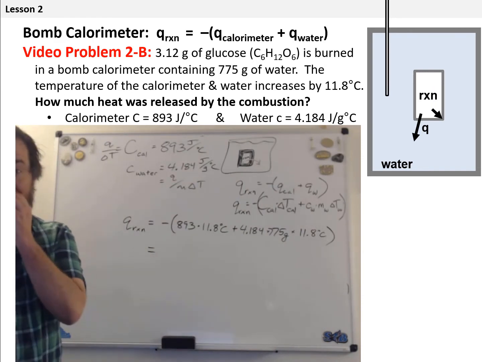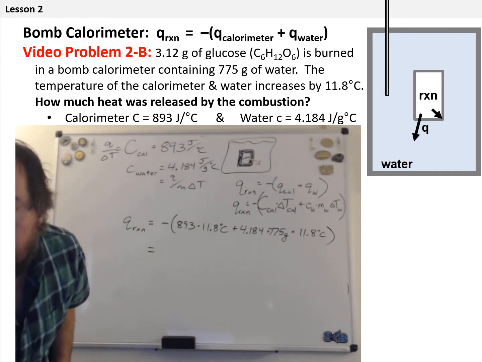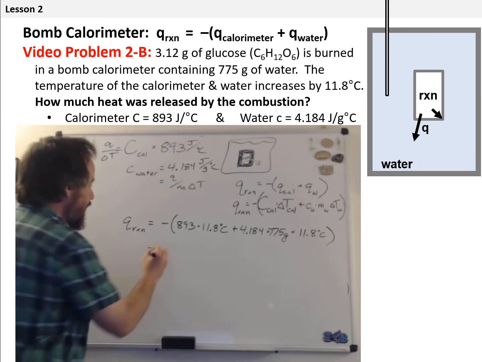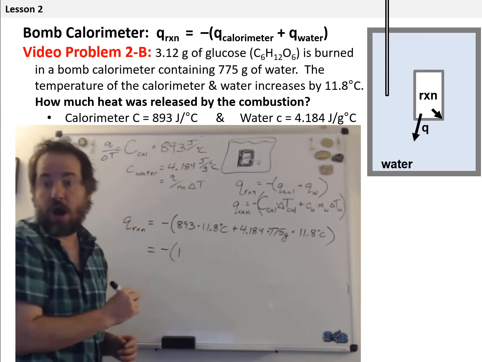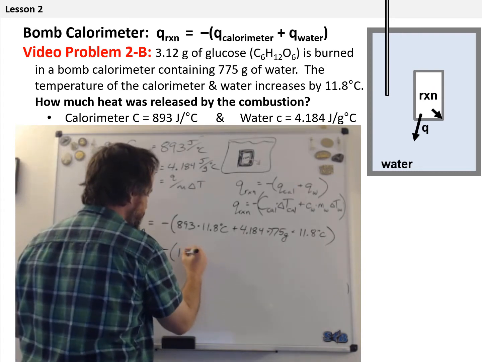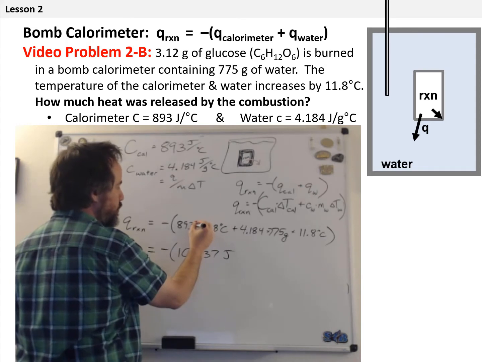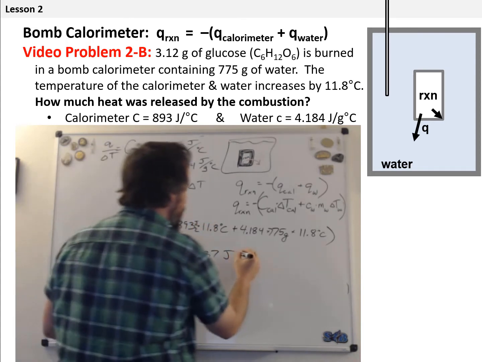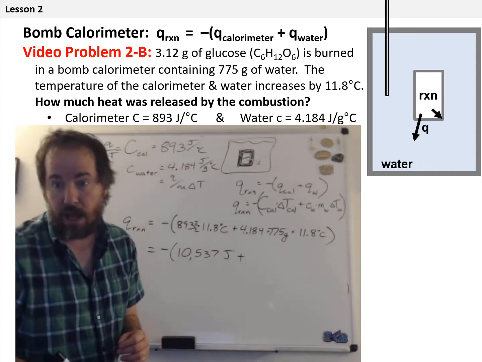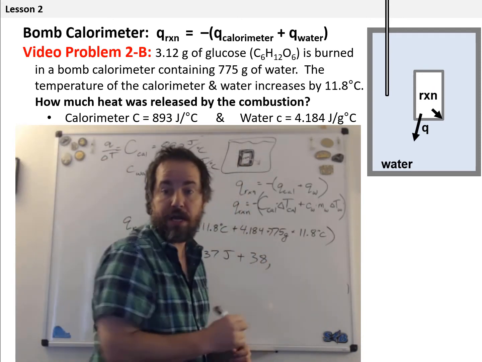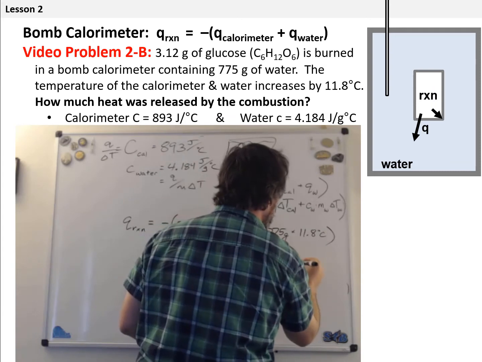This Q reaction, this is going to get me negative 10,537 joules, because this is joules per degree C, right? Plus 38,263 joules.